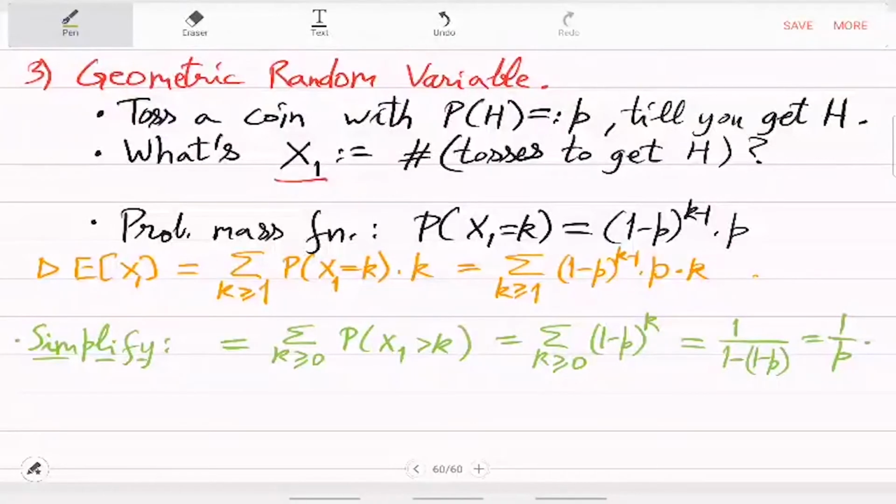For example, if p was half, then you expect a head to appear when you toss a coin twice. You are not very confident of a head in the first toss, but in 2 tosses you are more confident. So that is what this expression is capturing, but you saw the mathematical calculation.